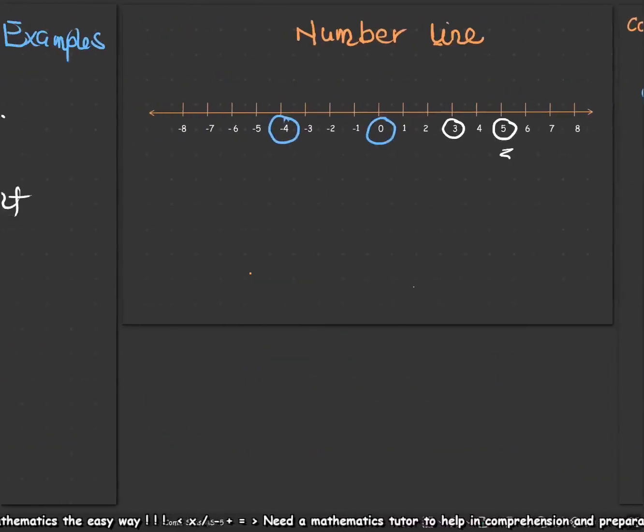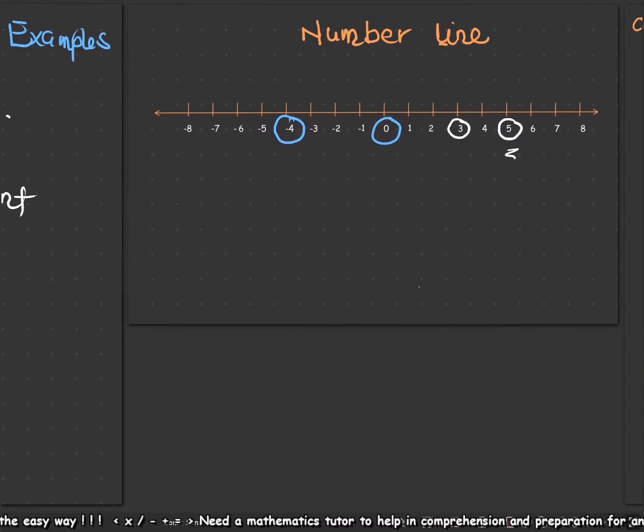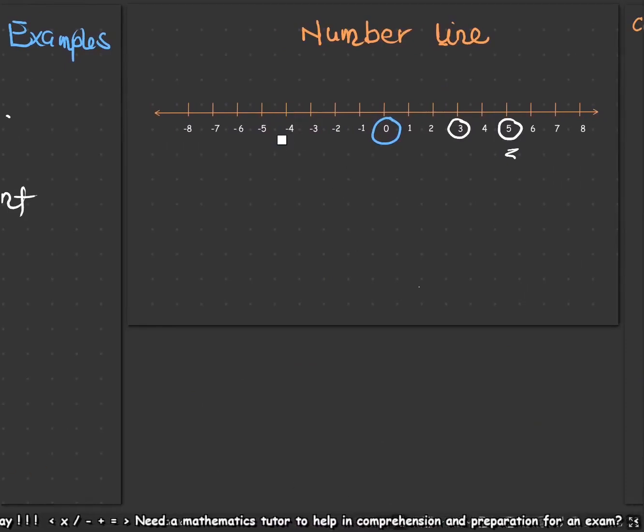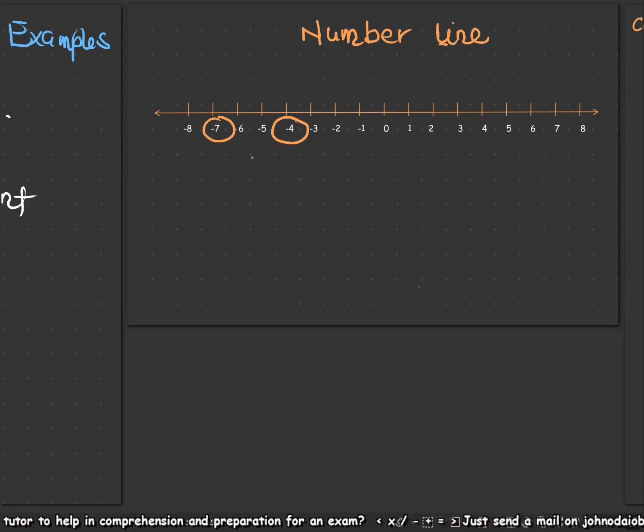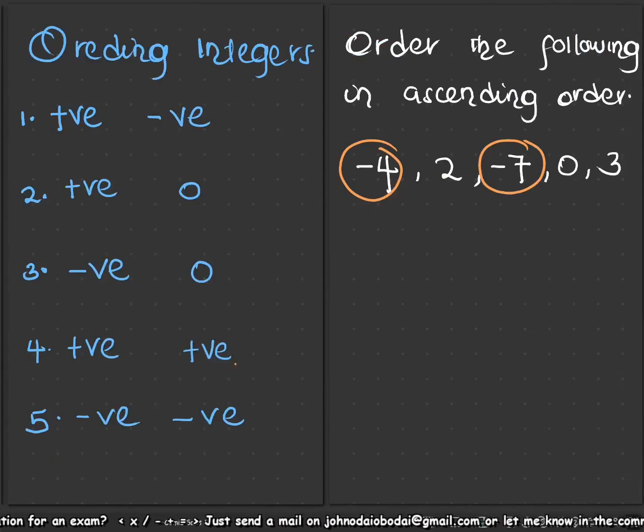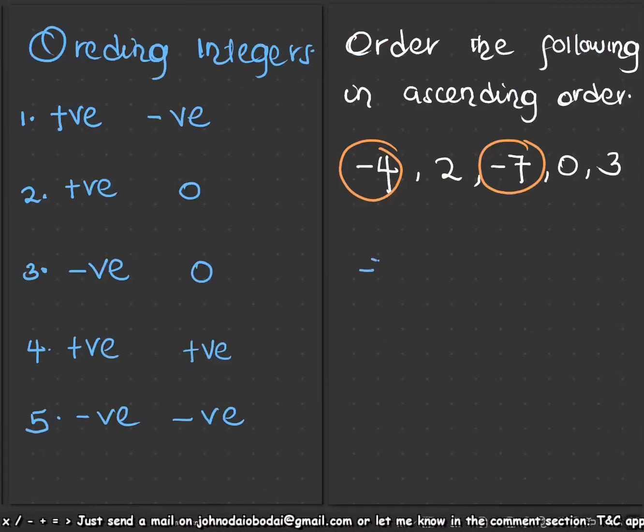So if we take our number line and look for where -4 is and compare it to where -7 is, then this is where we have our -4 and our -7 is here. The one on the right hand side, the -4, is the biggest. Hence, this here is the smallest. You get it? So we come back here and say the smallest among this is our -7.